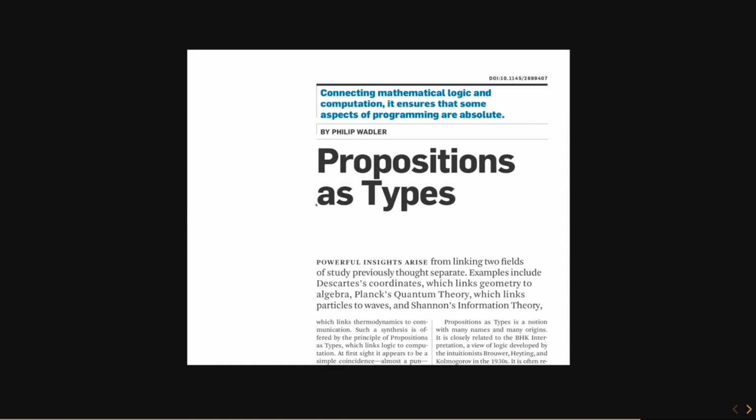There's this paper in the Communications of the ACM, in which Phil Wadler goes through the history of this and how it is at the heart of proof assistants and all sorts of developments in mathematics and computer science, moving towards unifying many of these things.